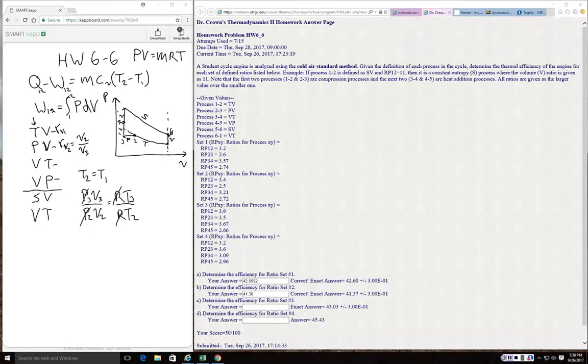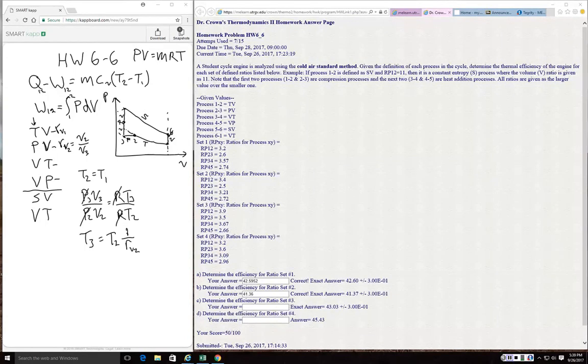So I get here that T3 equals T2 times 1 over R_V2, which is what I had. So it's a temperature ratio, the same as a volume ratio, except it's 1 over.